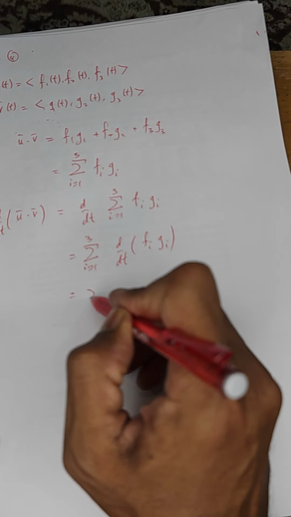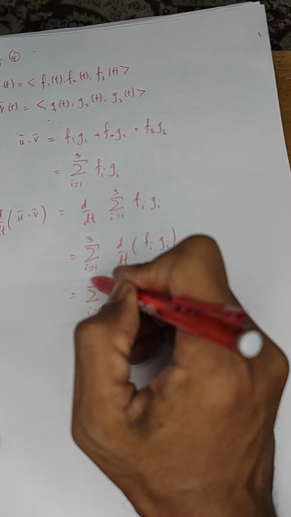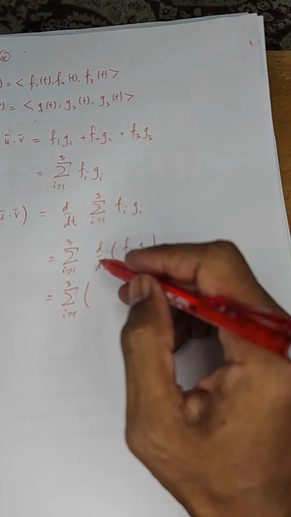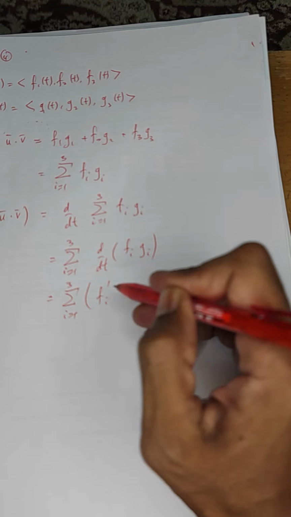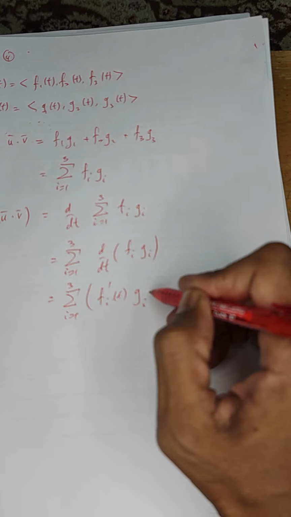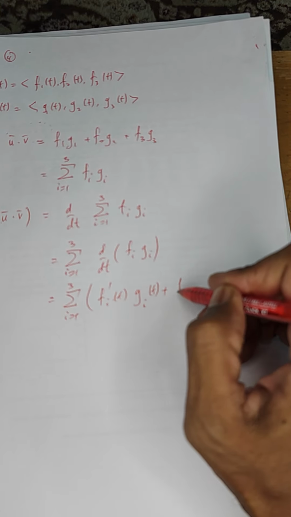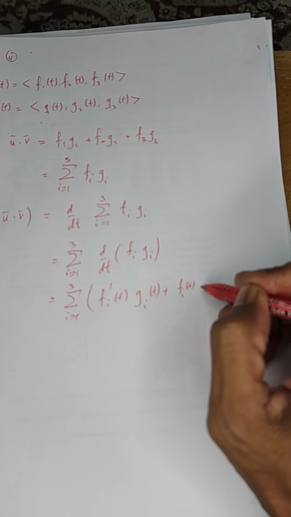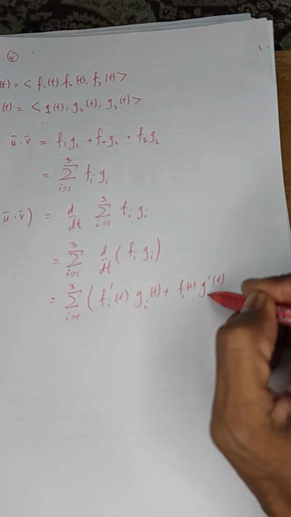So that will give you, for i from 1 to 3, f_i'(t) g_i(t) plus f_i(t) g_i'(t).